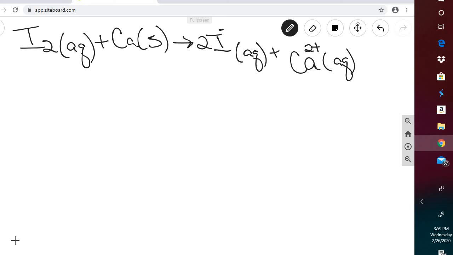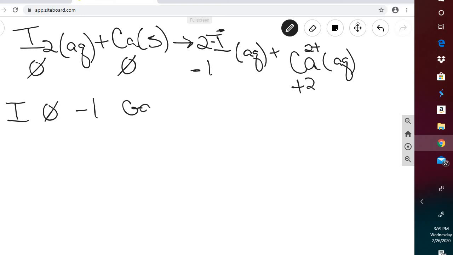So this is a homonuclear molecule, so that's 0. This is just an element, so that's 0. This tells us the charge is -1, and this tells us it's +2. Okay, so the iodine went from 0 to -1, so it gained electrons.